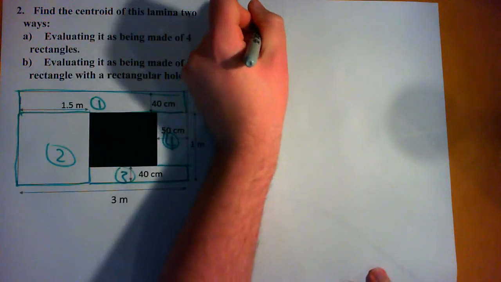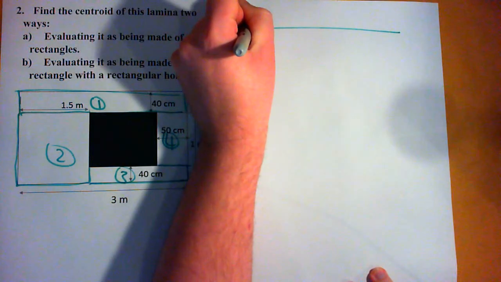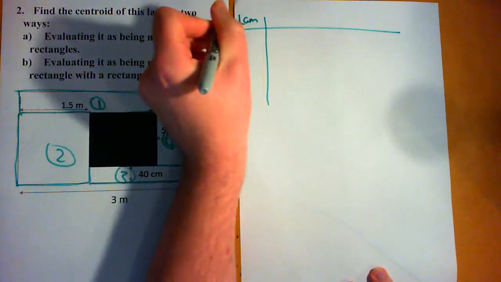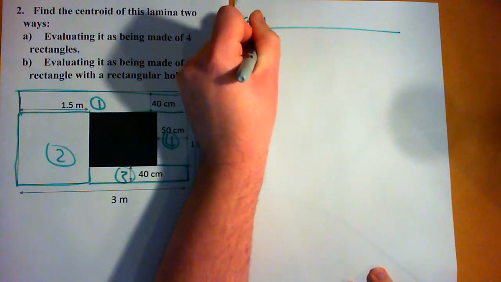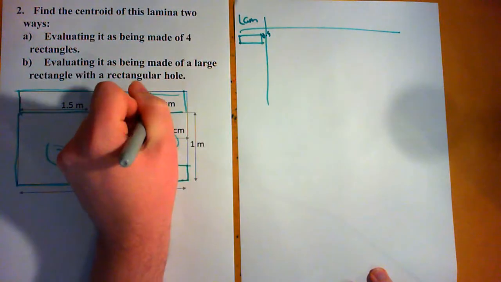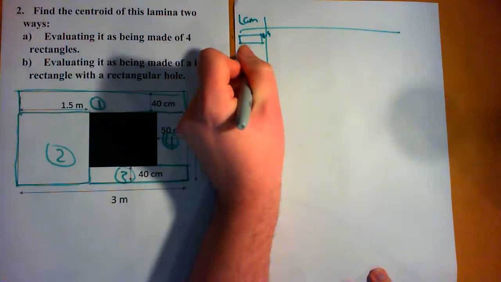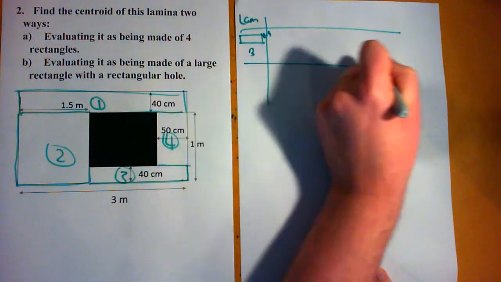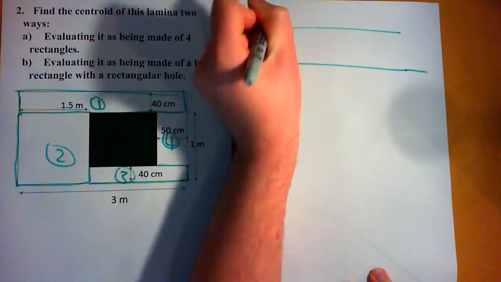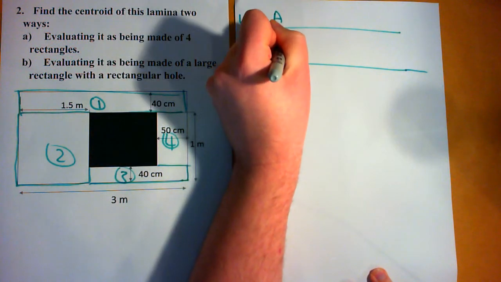Okay, so let's draw up our table. So we've got our laminae, which are going to be our 4 rectangles. So the first rectangle is going to have dimensions of height of 0.4 of a metre, 40 centimetres, and it's the whole length long, so it's 3 metres long. So that makes its area 0.4 times 3 is 1.2.